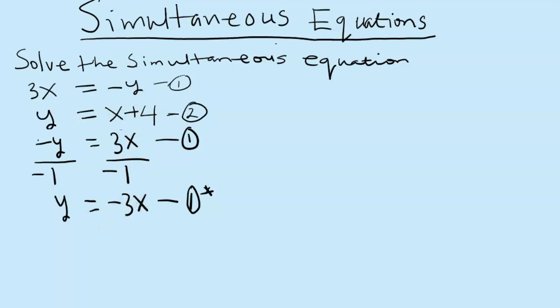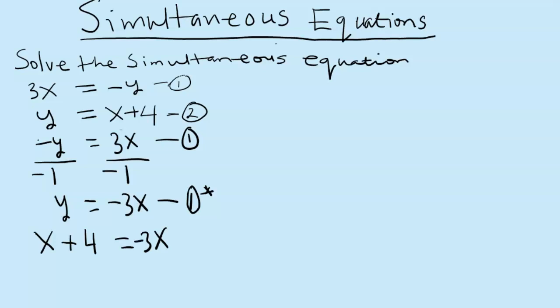It's kind of a transitional thing. So we can write x plus 4 equals negative 3x. Now realize that we have only x as a variable, so we can solve it.